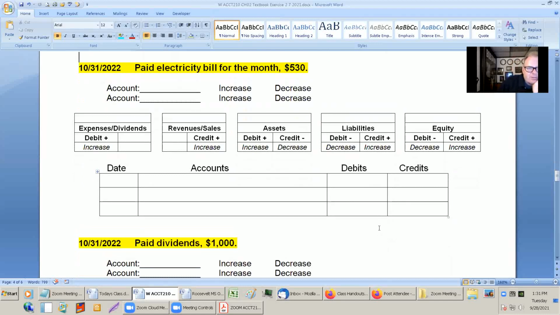Paid electricity bill for the month. What's that going to be? Cash and utilities. Yep, good. Cash, utilities expense.